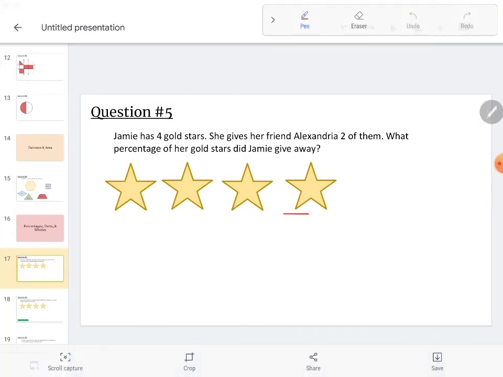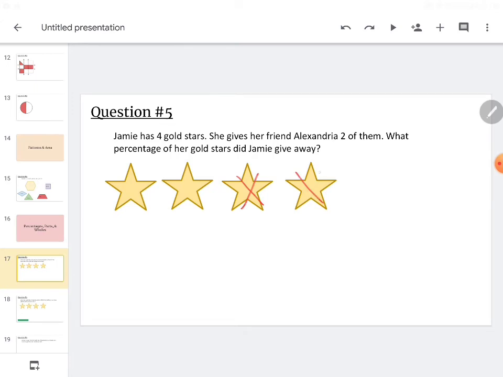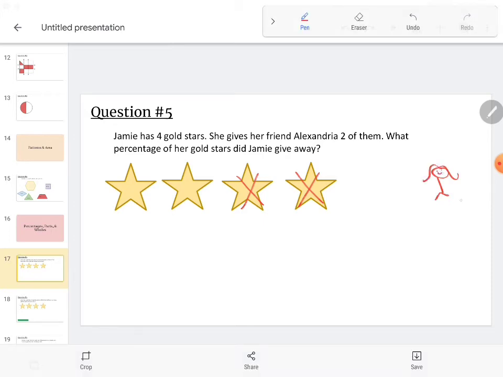Well, Jamie has 4. She gives away 2 to her friend Alexandria. And this will be Alexandria over here. We'll give her some hair, maybe a smiley face. Alexandria has 2 gold stars now that Jamie gave away.